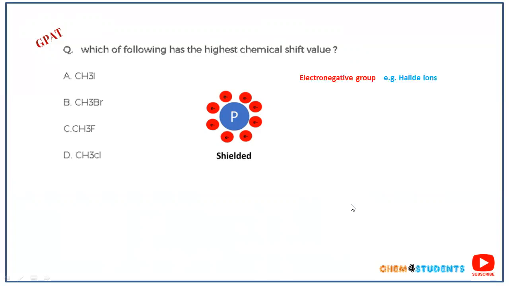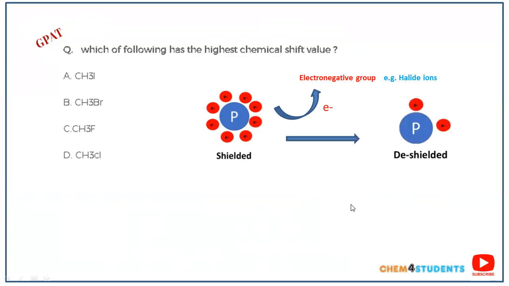But when we add an electronegative atom to that compound, due to electronegativity the electrons are pulled towards this electronegative atom. That is the reason the shielded protons become de-shielded. This is called a chemical shift. Now we get the peak at the de-shielded region.